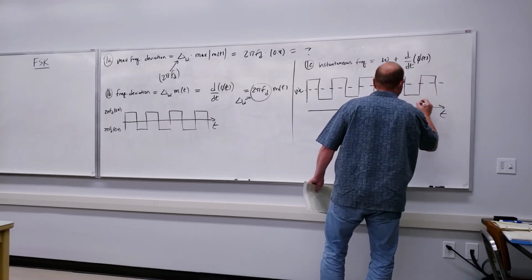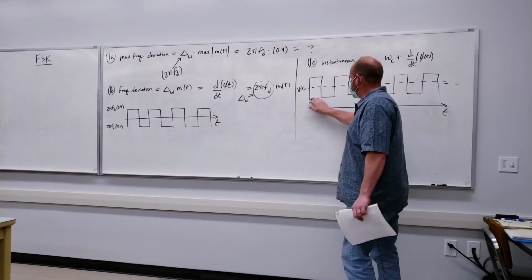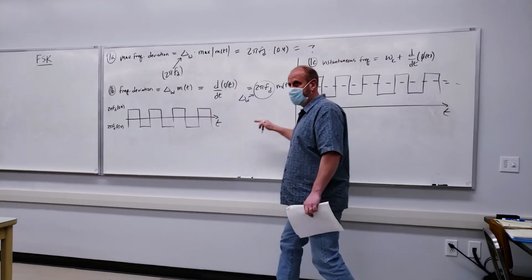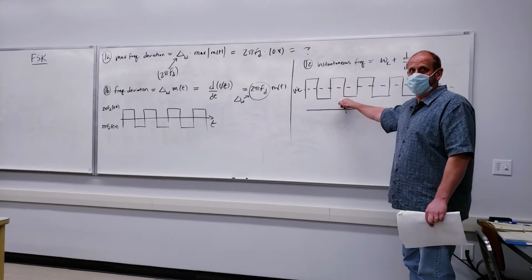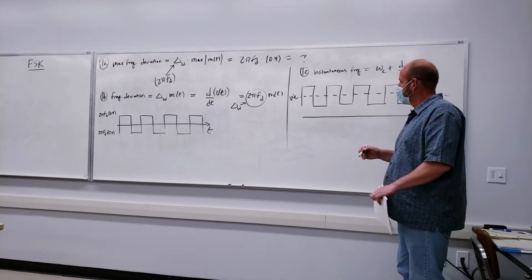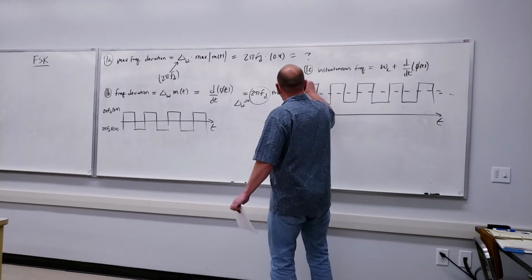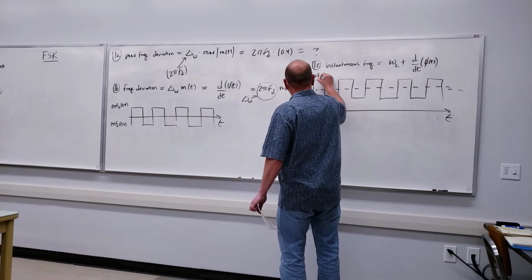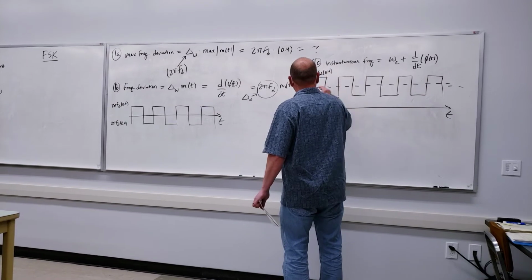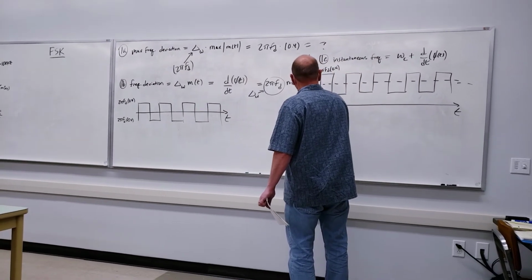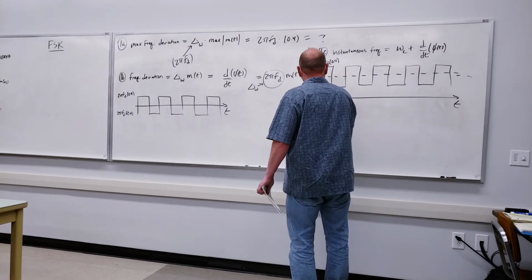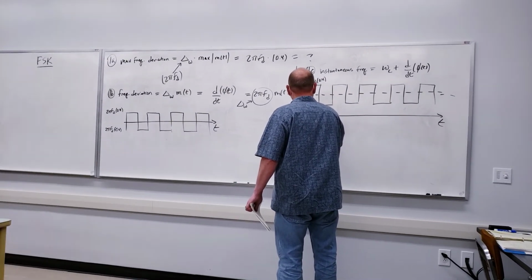So while this was relative to the carrier, now this is an absolute plot. So now we're going carrier frequency plus 2 pi f sub d times 4/10 of a volt to carrier frequency minus 2 pi f sub d times 4/10 of a volt.